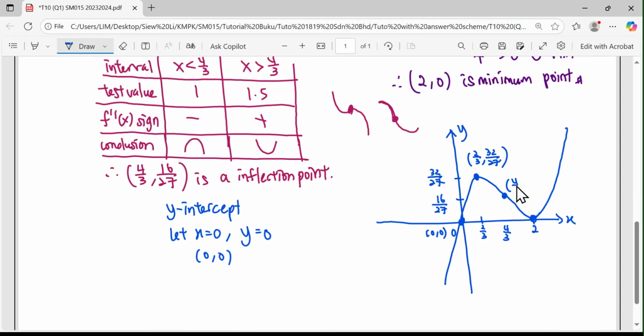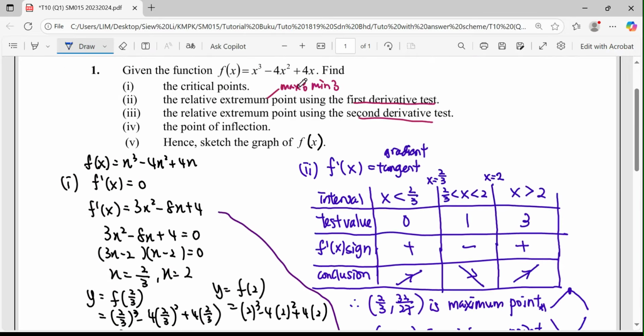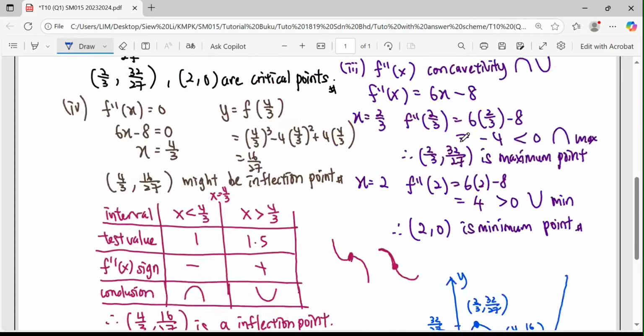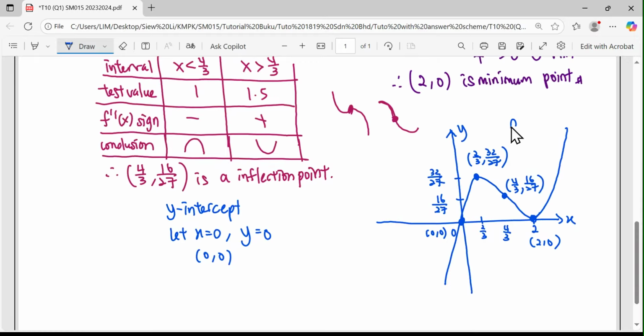Inflection here, 4 over 3, 16 over 27. Minimum here, 2, 0. Label all these points that you find. And lastly, label your graph with your function name: the function is equal to x cubed minus 4x squared plus 4x.